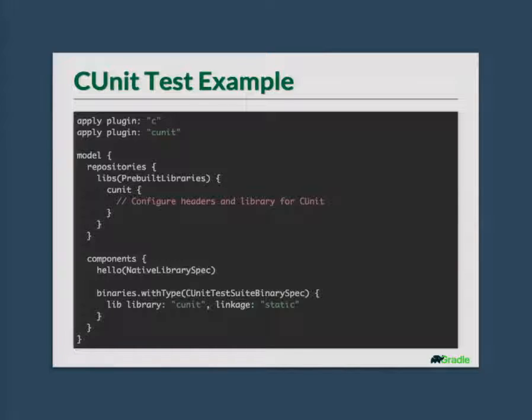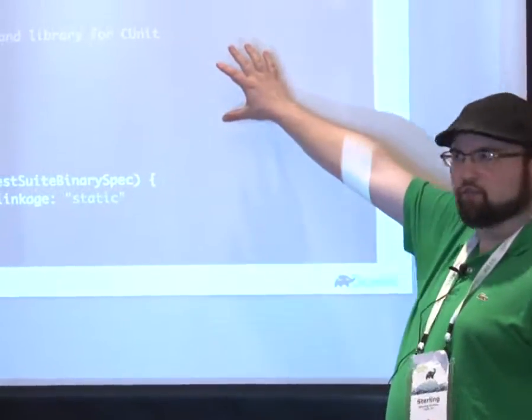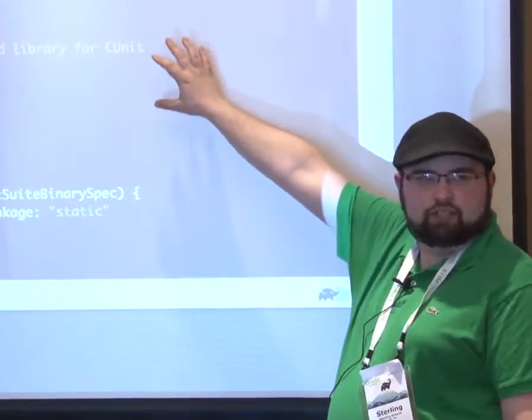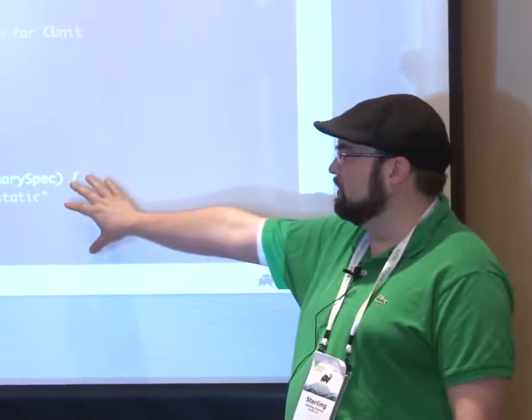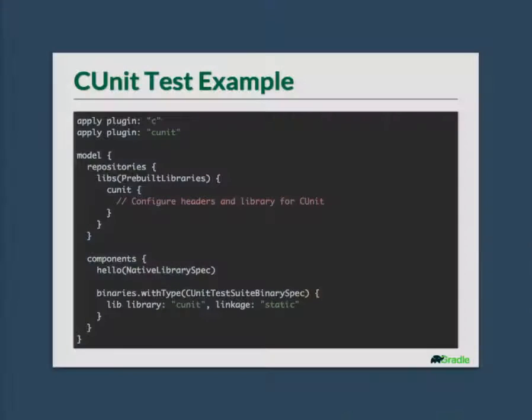CUnit adds the test suite support for the native land, and then we have something that's cut here just so it would fit on a slide, but you'd have to do something like we just did in the last exercise and configure where to find the CUnit headers, where to find the library for it, and then we have our component that we're going to be testing, and for that component we have to configure the binaries and link against the CUnit pre-built library.